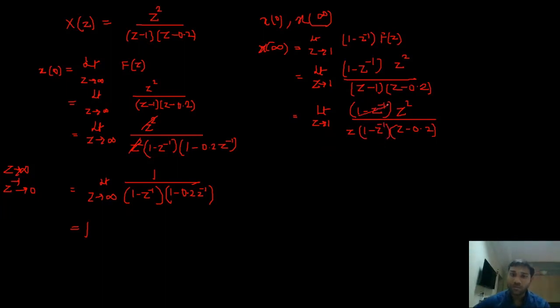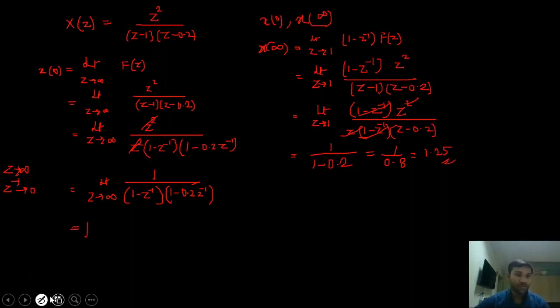Now these two terms will get cancelled and z square will get cancelled. I have z by z minus 0.2. So if I substitute 1, I'll get 1 by 1 minus 0.2. That is 1 by 0.8, which is nothing but 1.25. So this is my final value. This is how we have to apply the initial value and final value theorem.